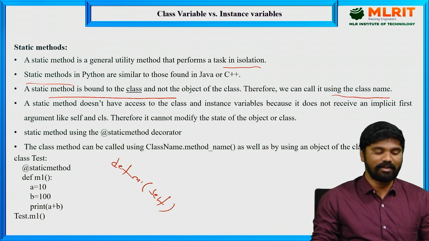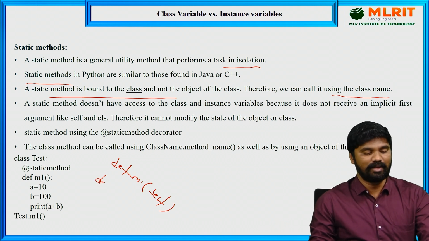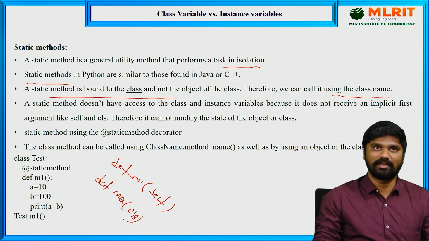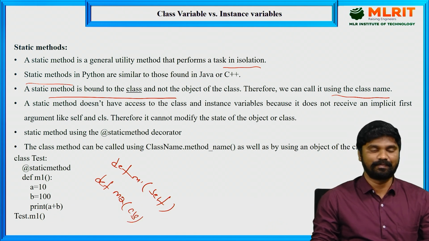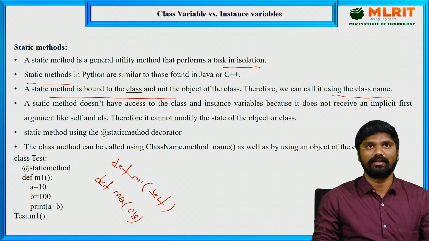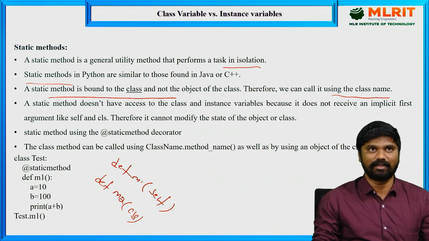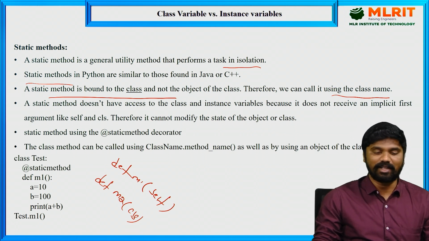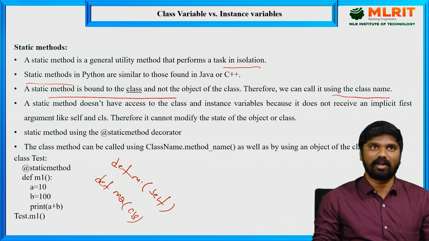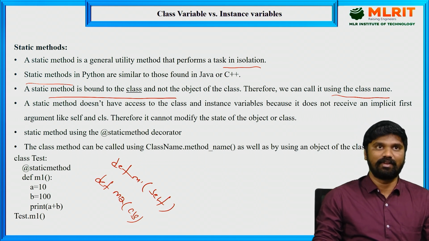The self represents the current class object. And for example, if you take the class method, the first parameter must be cls, which we can say is class. So that's why we cannot modify the instance variables or the class variables through this static method.